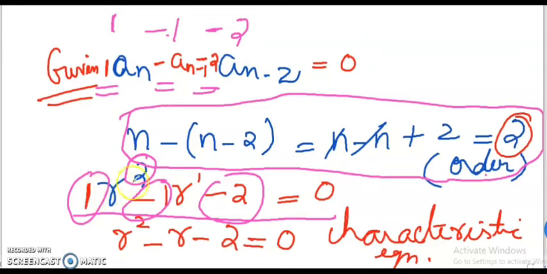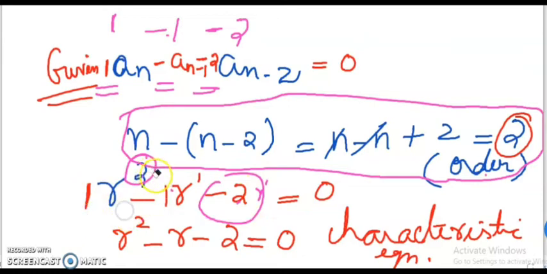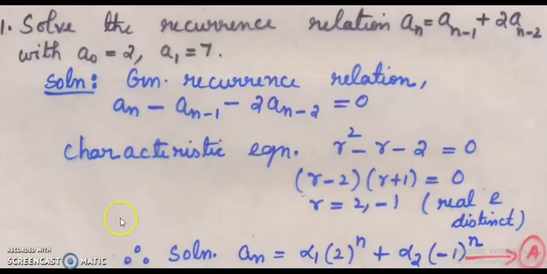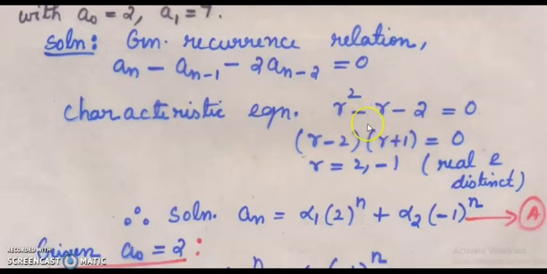So we take r. What about the order? Order is 2, so we take the highest power, r square. Next to r square, the next term is r raised to 1, then r power 0, which is a constant term. So the equation is r square minus r minus 2 is equal to 0. This particular equation is called the characteristic equation. And now you know how to solve a characteristic equation.